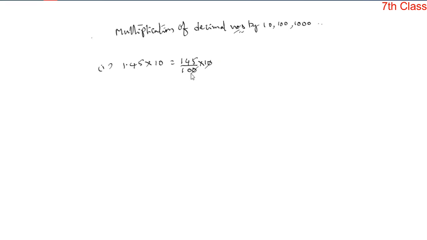We can cancel the zeros. Now 145 by 10 means you divide this 145 by 10. How much will you get? 10 ones are 10, minus it, 4, down 5, 10 fours are 40. So you know the division, down 5.